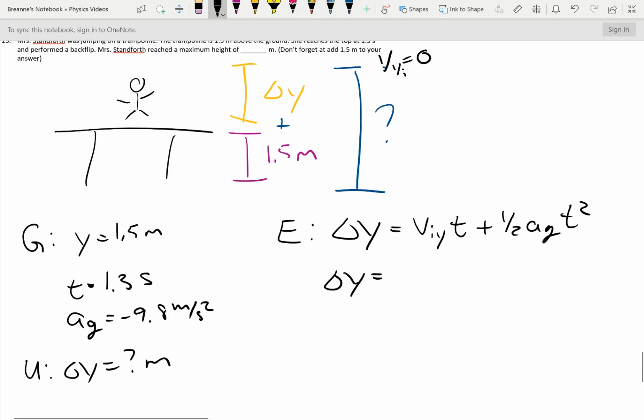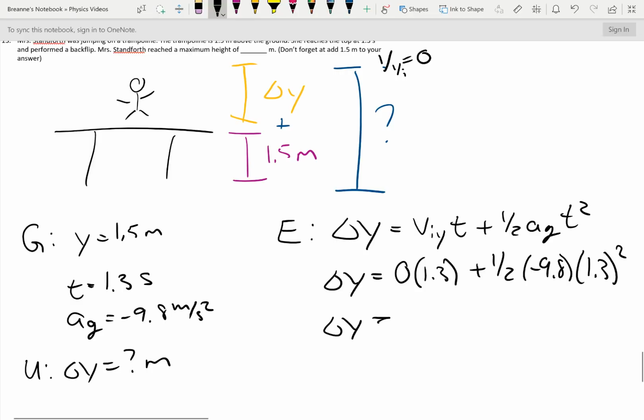So our initial velocity is 0, our time is 1.3, plus 1/2 times negative 9.8 times 1.3 squared. 0 times anything gives you a 0. And then you plug that into your handy dandy calculator.